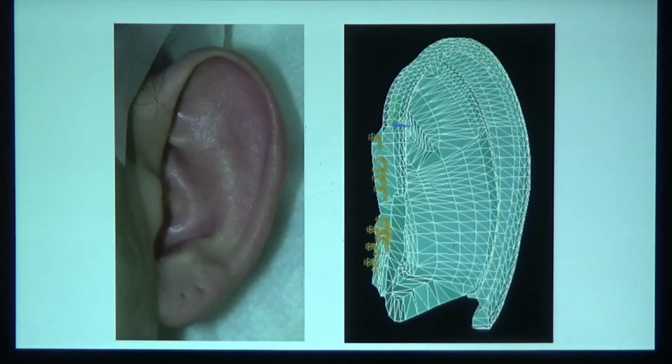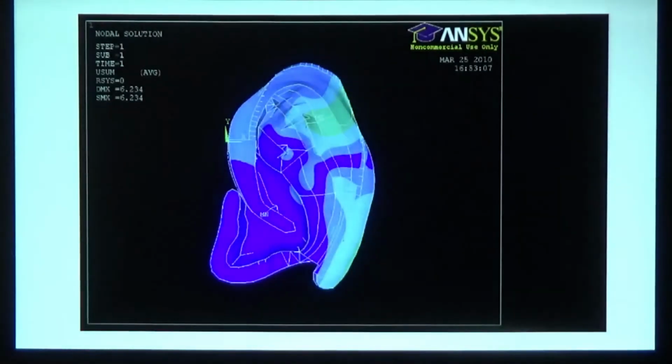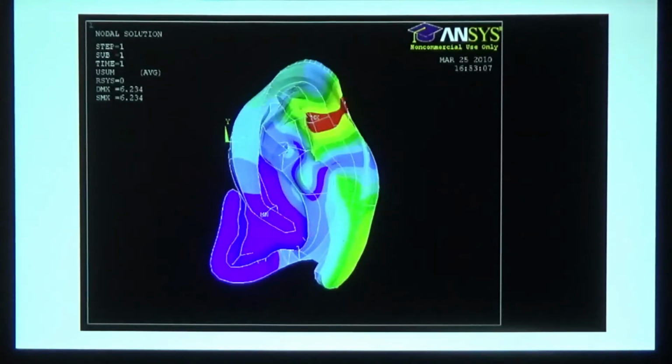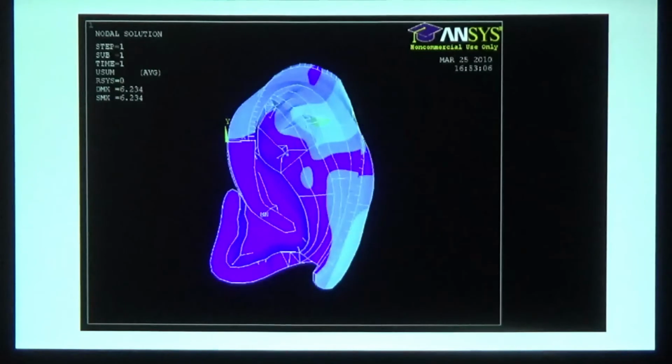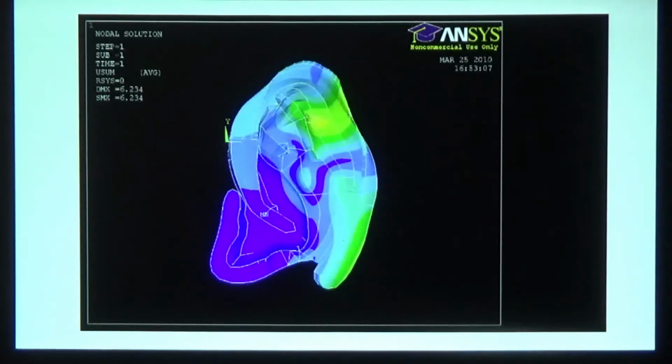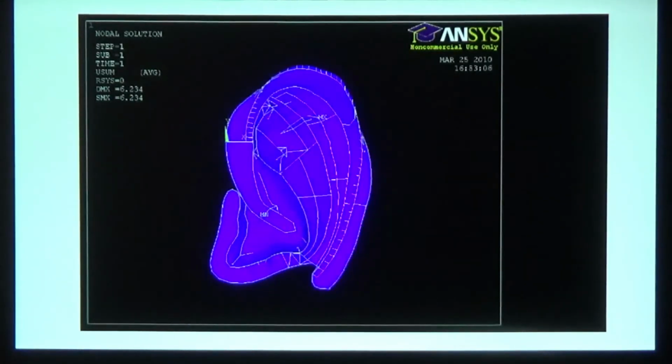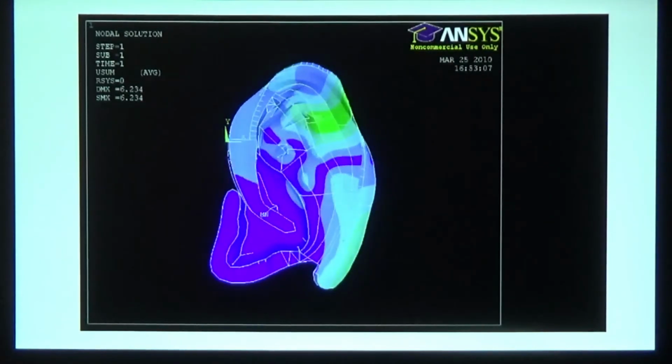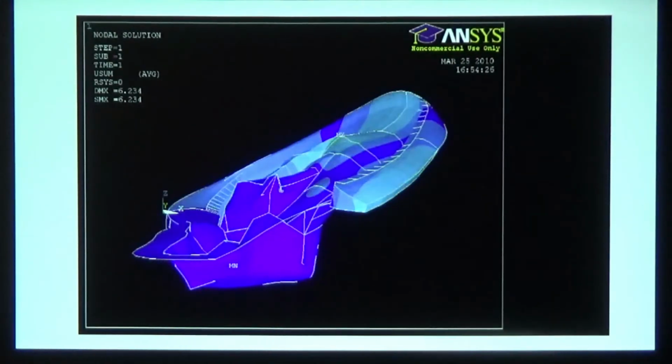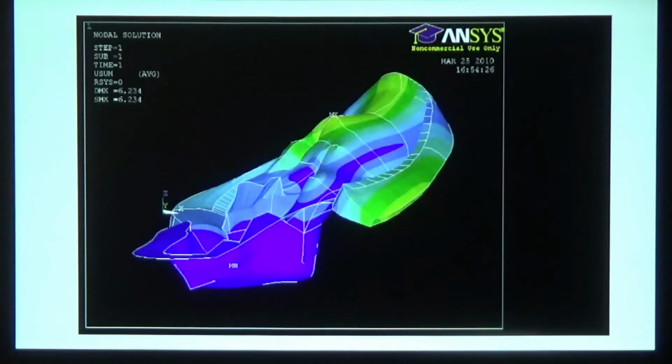We scan patients' ears and make three-dimensional computer simulation models. Then we simulate the operation, varying the number of stitches and the locations in which they are applied. This is a lateral view of such simulation. This is an inferior view of the simulation.